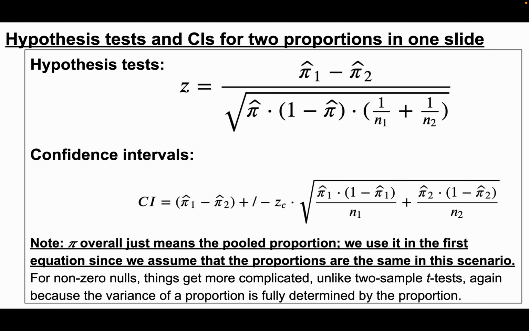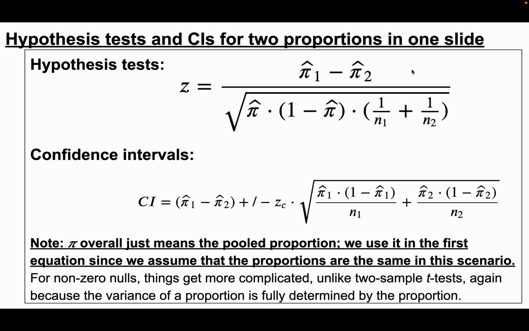Okay, what about hypothesis tests? Well, we've got this standardized value here that we need to calculate. Again, we've got this difference in means at the top. Now, we don't actually have this option, or at least it's not as easy with proportions, to have a non-zero null.